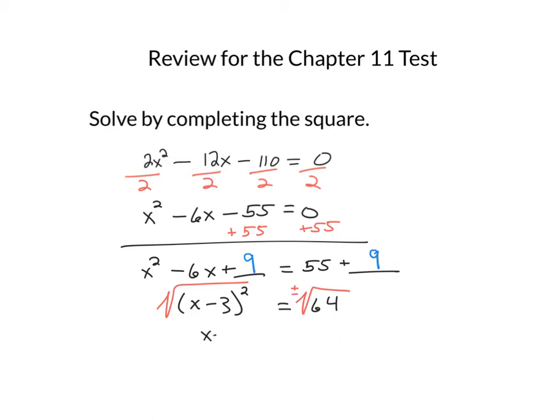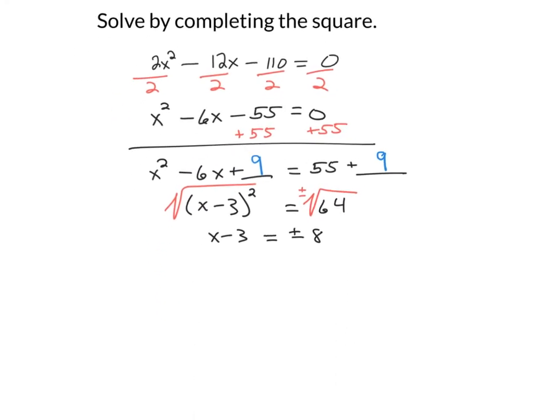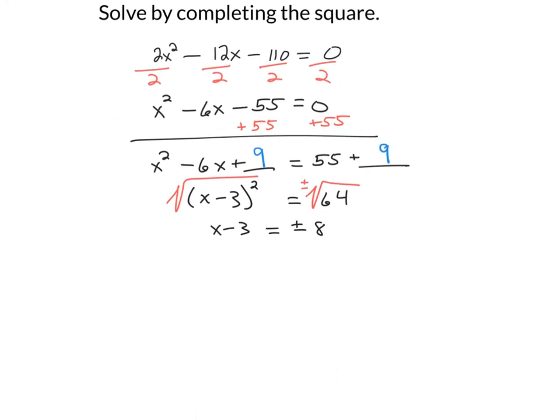Then I get x minus 3 equals plus or minus 8. To finish this problem, I need to add 3 to both sides, and I'm going to write it as x equals a positive 3 plus or minus 8. So x equals 3 plus 8, which is 11, or 3 minus 8, which is -5.